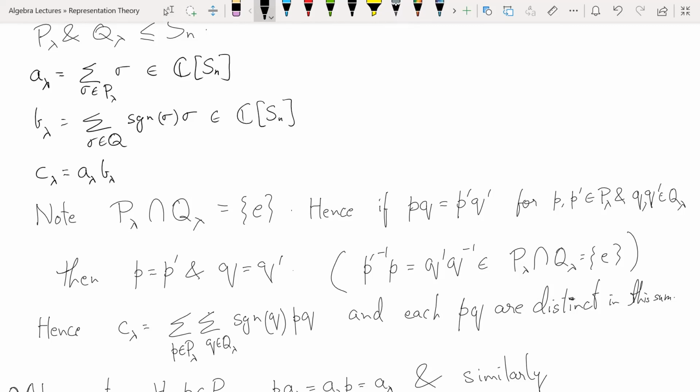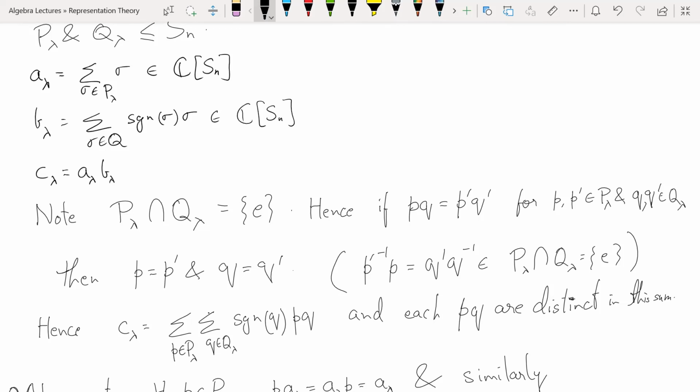So in C lambda only those elements of the group appear which can be written as P times Q, and that element has coefficient sign Q. Yeah, there is no other.